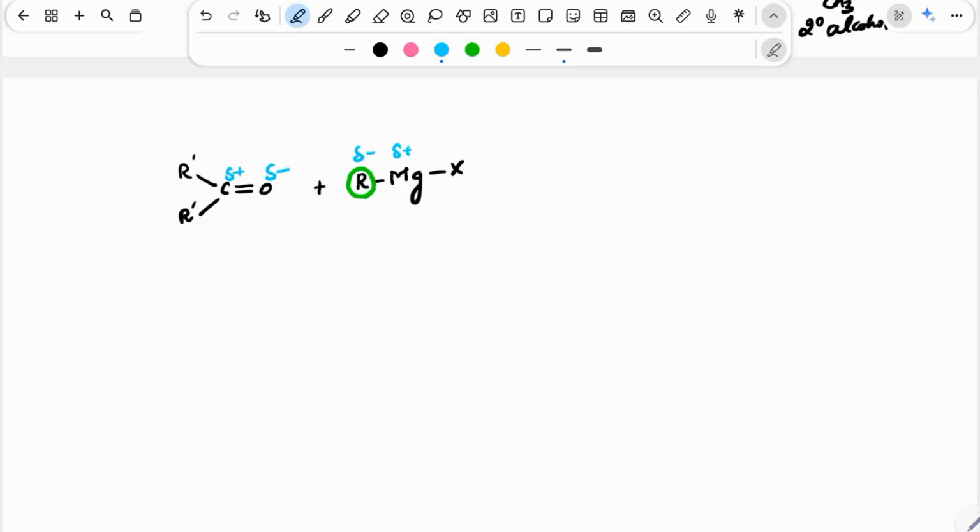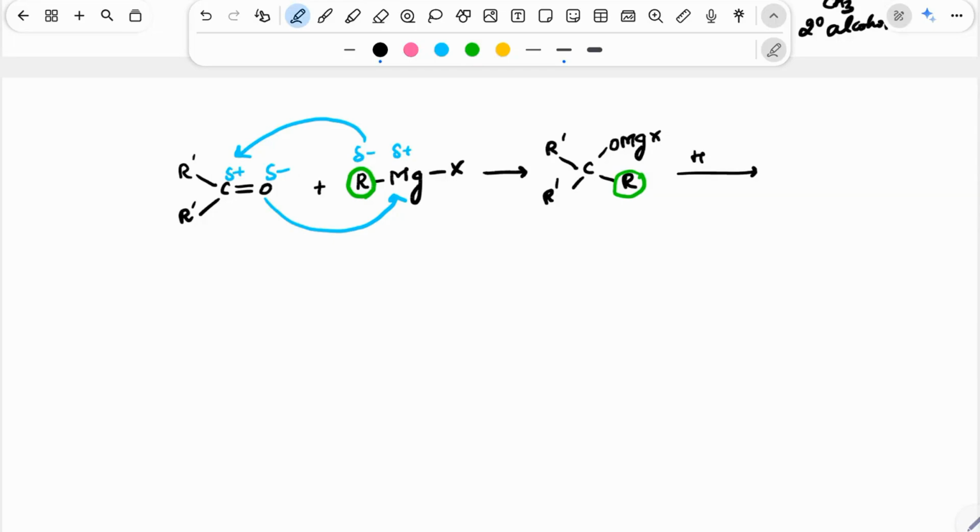So this R is from the Grignard reagent. As usual, the addition happens, R minus Mg plus. Here it is plus, it's minus. Negative attacks positive, and we will get the addition product R dash, C, R dash. These two are from the ketone, OMgX, and the new carbon-carbon bond formed.